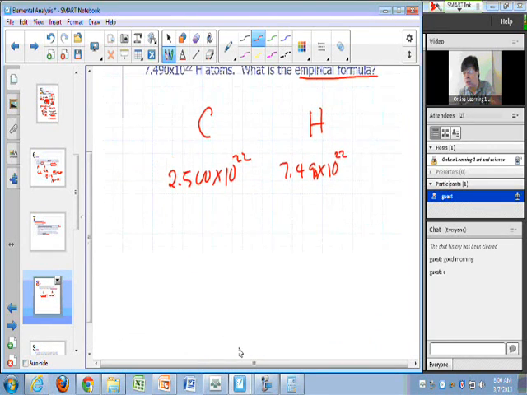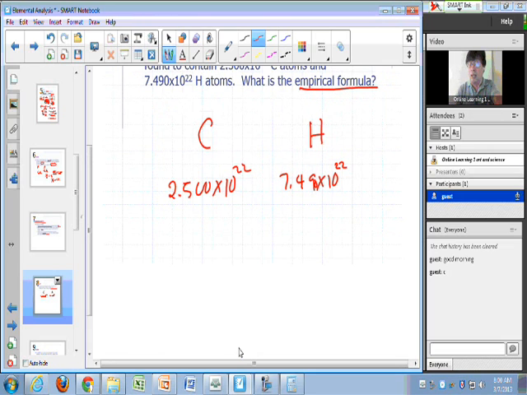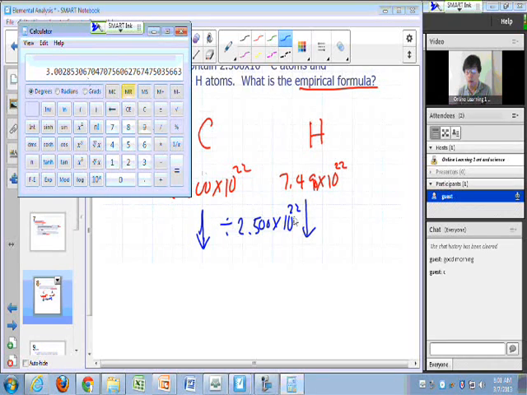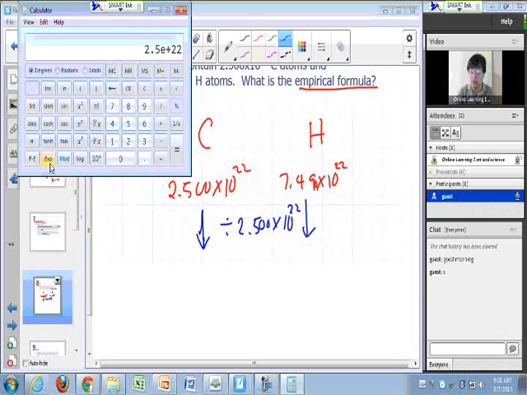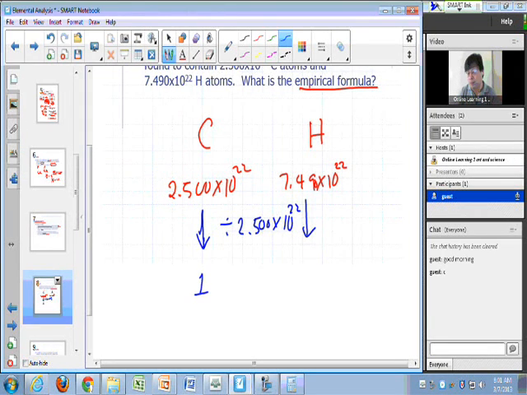So how do you reduce that to a whole number ratio? A good strategy is to just divide both by the smaller number. So divide by, in this case, 2.500 times 10 to the 22nd power. You have 2.5 times 10 to the 22nd, and this one should just be 1, right? Divide by itself.